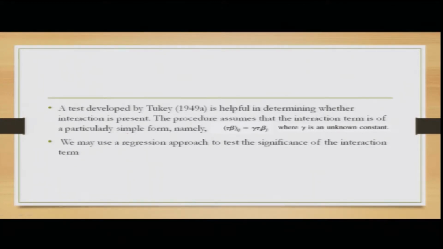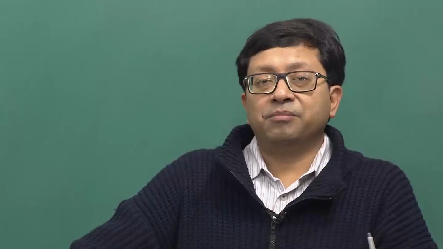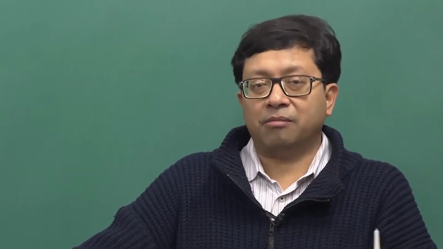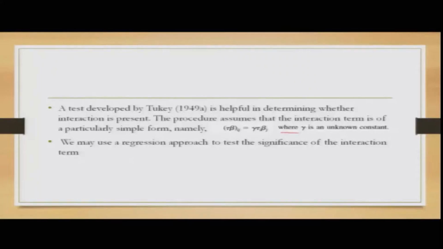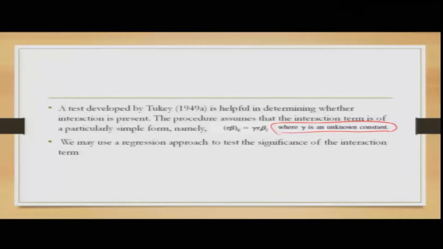It means that I can multiply tau i's and beta j's by gamma, a very simple constant, where gamma would be an unknown constant. This value will depend on the positive and negative effects of A and B when they are considered. Effects are independent, in the sense you can just multiply them and try to find out the effect. We may use a regression approach to test the significance of the interaction terms and then do the calculations accordingly.